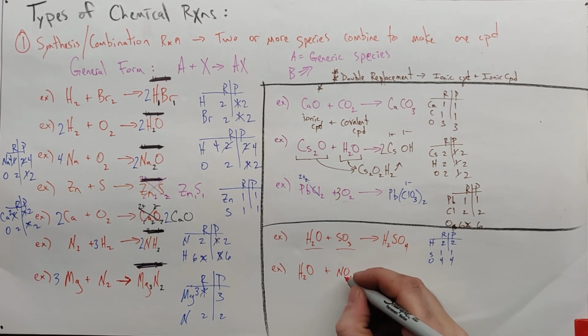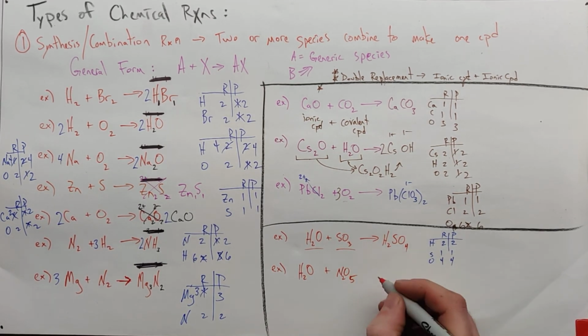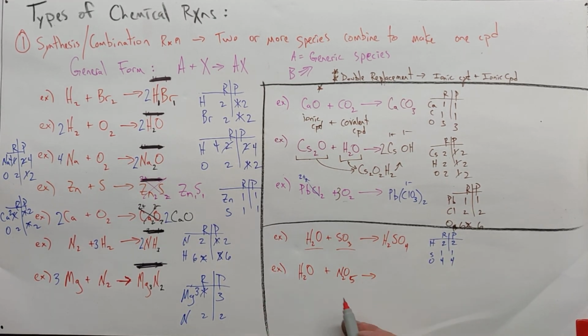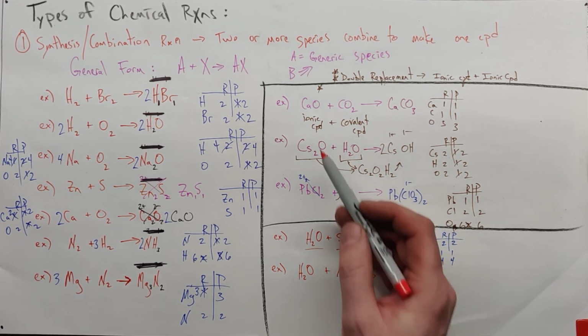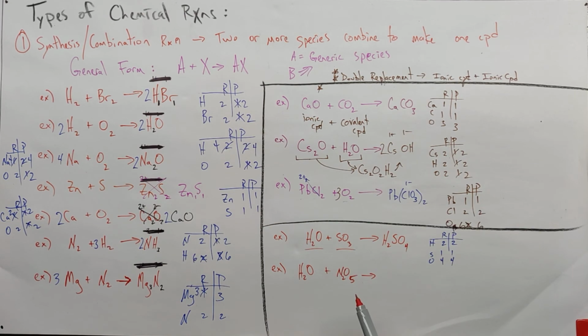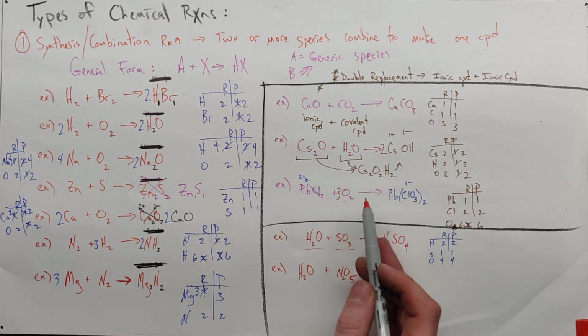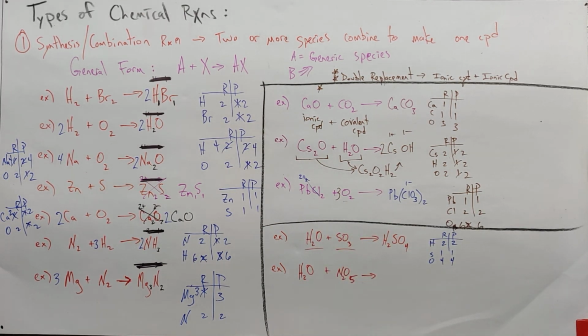I'm sorry, I want to do N2O5 for this one. And in this particular case, if I just combine everything, I don't have an ionic compound and a covalent compound. I don't have something that looks single replacement but has oxygen. I have 2 covalent compounds, so I've run out of options. I'm just going to smash them together and see what comes out.